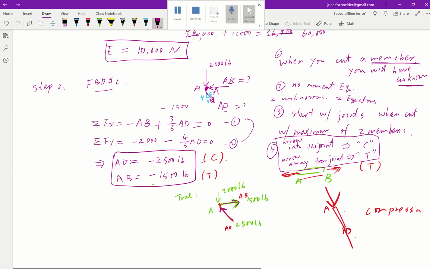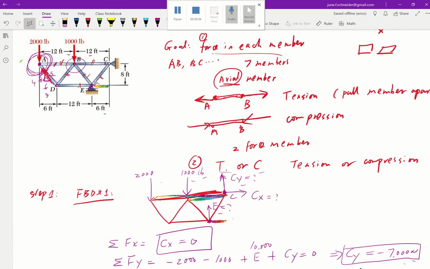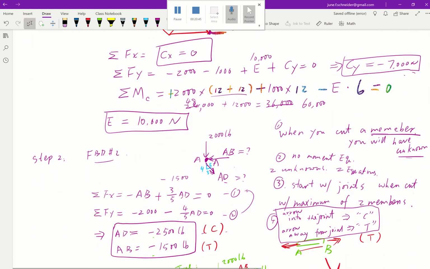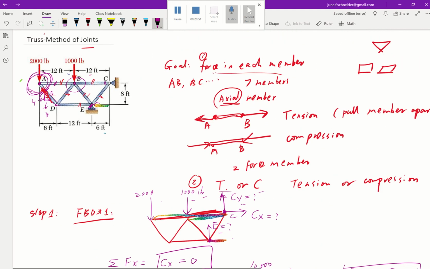Okay. So so far we got two members taken care of, AB and AD. We know the magnitude, we know the compression or tension. Now we're going to continue. Remember we're talking about one of the patterns: we have to start with joints when you cut a maximum of two members. Now let me ask you, do you think we can cut joint B now?